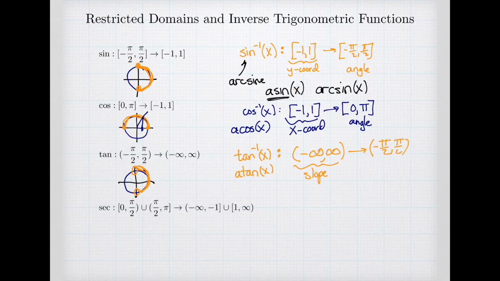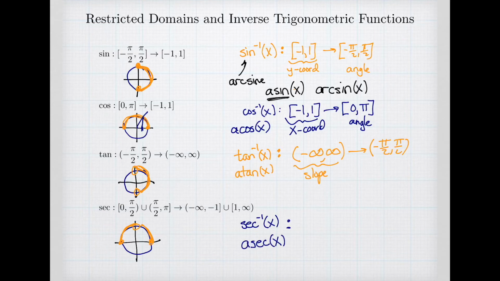Our last example of an inverse trig function is the arcsecant, or the inverse secant function. The domain restriction for the arcsecant is similar to the cosine, except you cannot use pi/2. So it's the top half of the unit circle, quadrants 1 and 2.